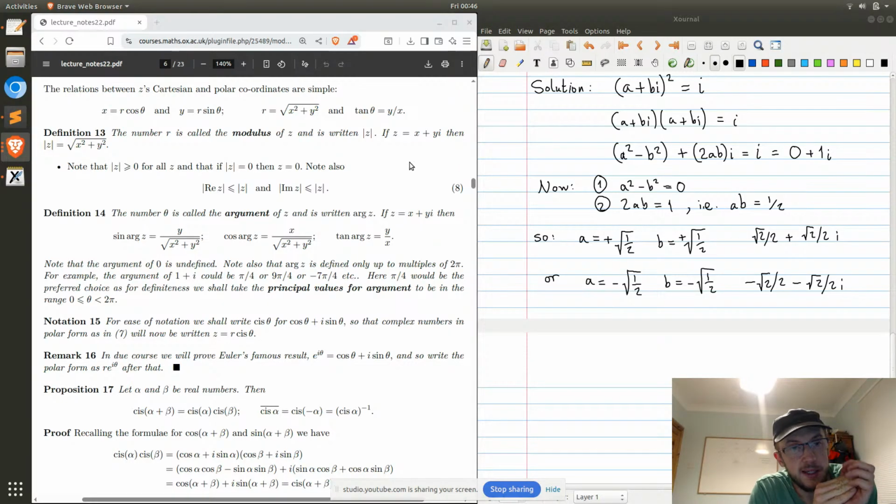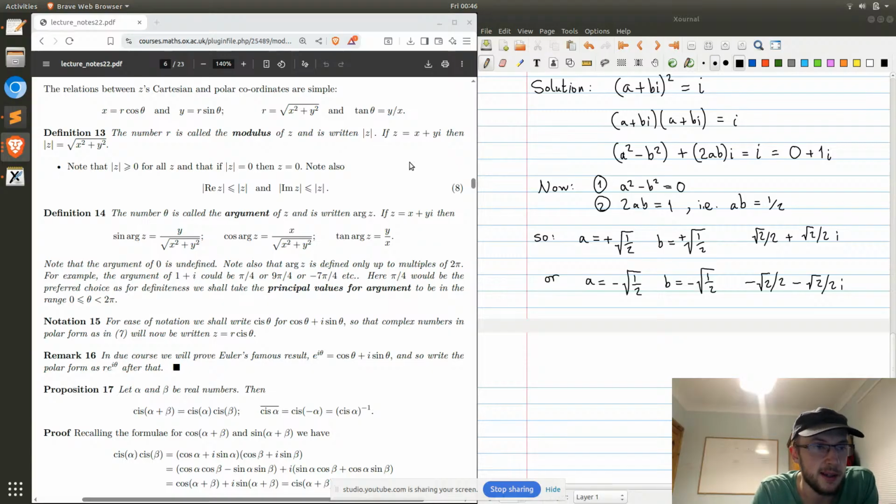Now, the number theta is called the argument of z and is sometimes written as arg z. So if z is equal to x plus yi, then the sine of the argument of z is equal to y over the modulus, and the cosine of the argument of z is equal to x over the modulus.